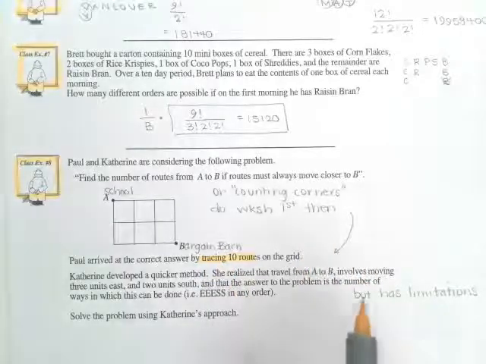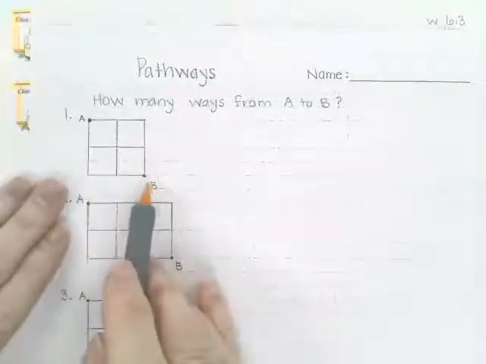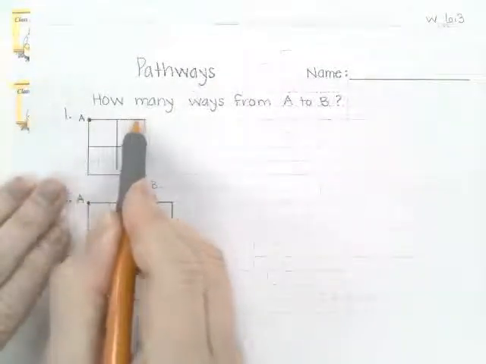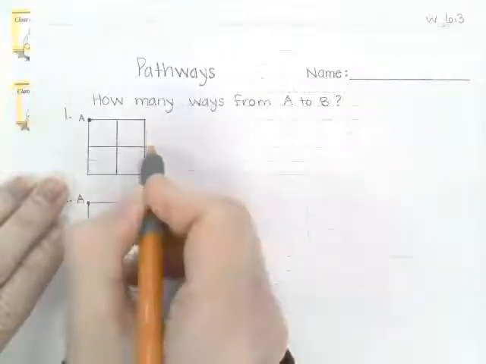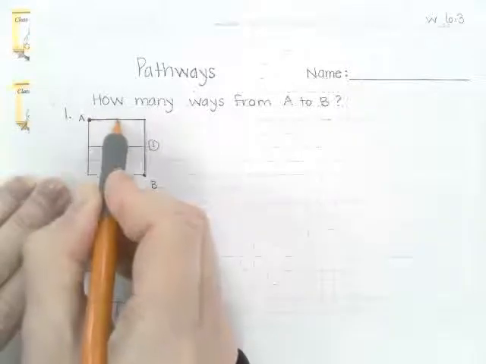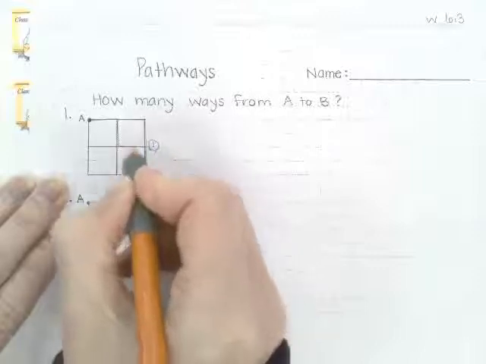Let's look at this on a worksheet that is similar. So if I'm thinking of going from A to B and now I just have a smaller box, I could go here. I could go all the way over and down. That would be one way. I could go right, down, right, down. That would be a different way.